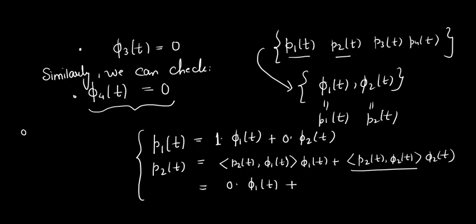Now you need this mapping, right? Now we have said that we need 2 bases, phi 1t is equal to P1t and phi 2t is equal to P2t. Okay.